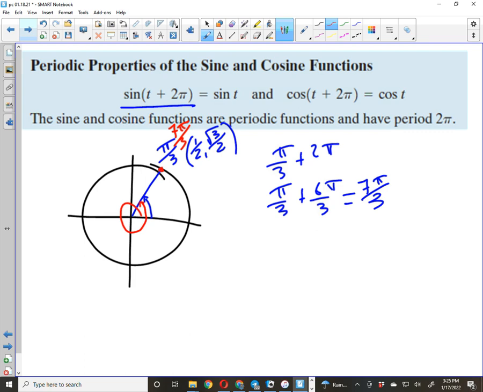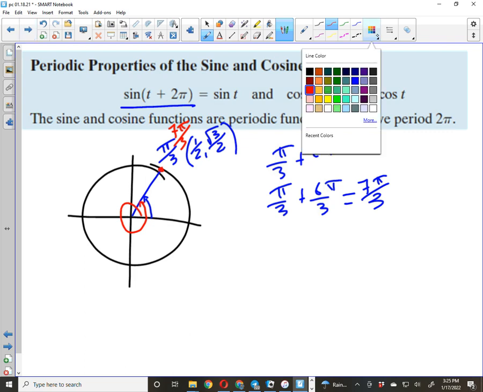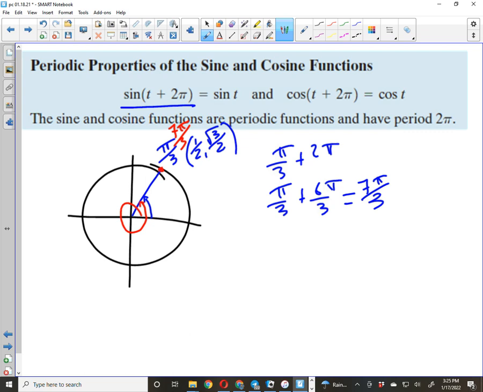So we can add or subtract. We can do the same thing by going the other way. If I went this direction, we would have another coterminal angle, and that would be subtracting 2 pi from it. And we know that the sine of pi over 3 is your y value, which is root 3 over 2.